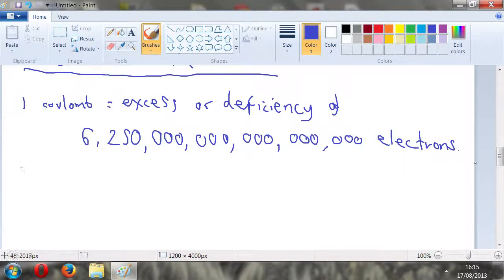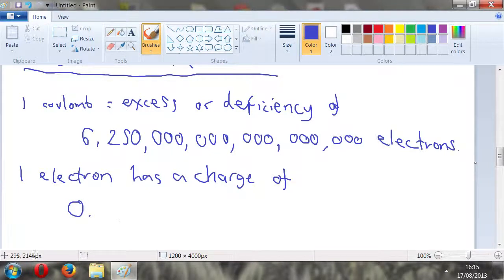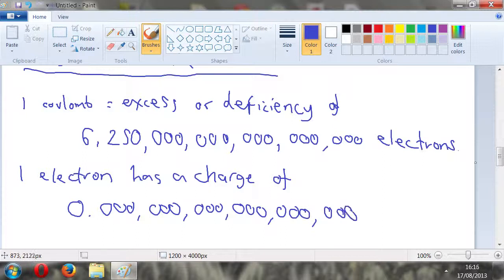So anyway, 1 electron has a charge. Obviously we're going to have a very small number here, so I'm just going to write it like that.